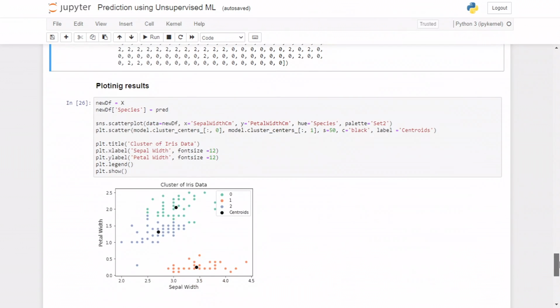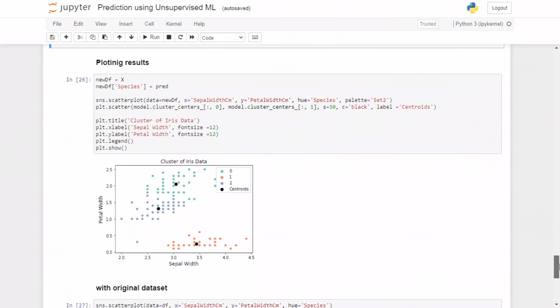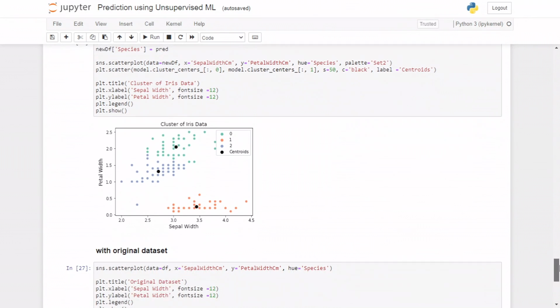We are now plotting our predictions on the graph, and we also plotted the centroids of the three clusters. This is random between the clusters as we are using the k-means algorithm.